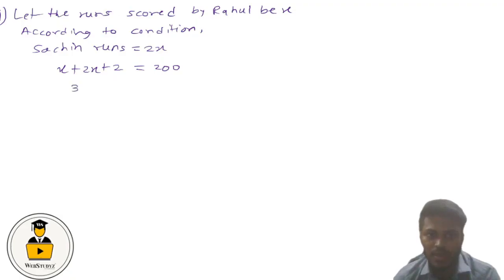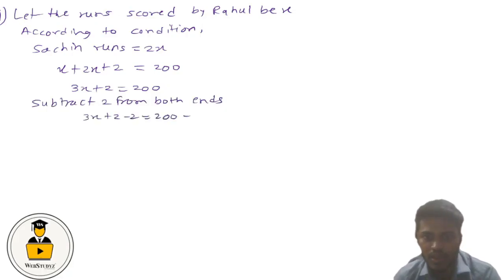So x plus 2x will give us 3x plus 2 equals 200. Now we will solve this equation. Subtract 2 from both sides. So this will give us 3x plus 2 minus 2 equals 200 minus 2. So we get 3x equals 198. Now we will divide by 3 on both sides.